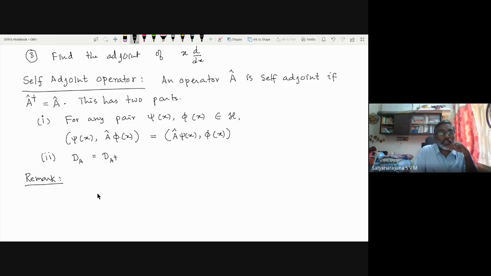The remark is that in general, the domain of A dagger is a superset of the domain of A. So the domain of A dagger is a bigger set than that of A. Okay, so that means the second condition is not satisfied.